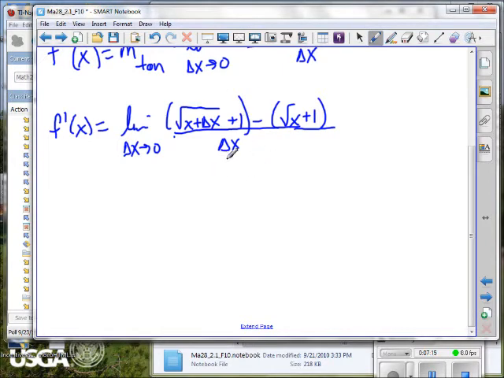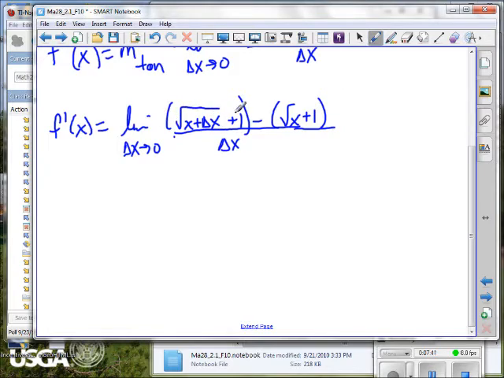Now, it's kind of obvious for this one because there's nothing else in the denominator except the delta x. But on some problems, it could be a little bit of a question. Which one do I work on? And again, start with the numerator. What we want to do, remember where we're headed on this, is change the looks of this fraction so that I end up with a factor of delta x.